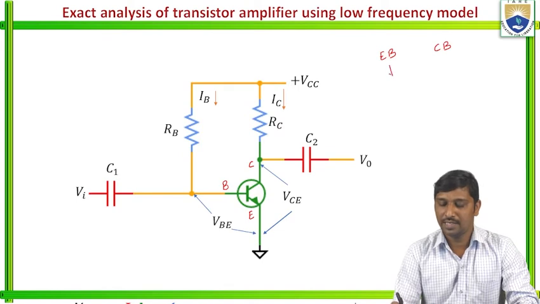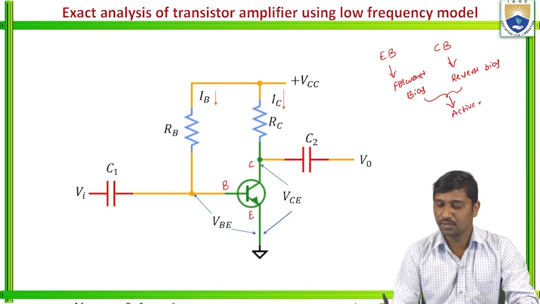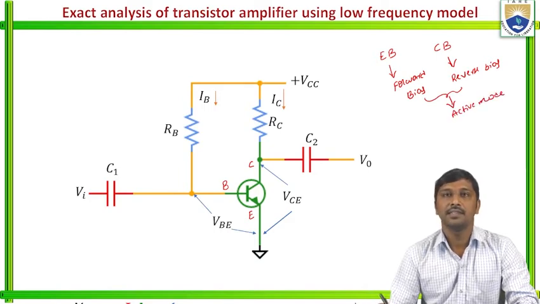When the emitter base junction is forward bias and the collector base junction is reverse bias, then the transistor acts in the active mode. In this active region, the transistor acts as an amplifier.